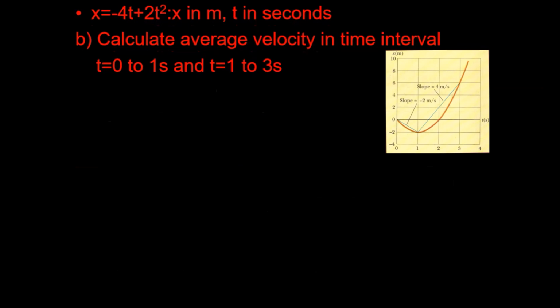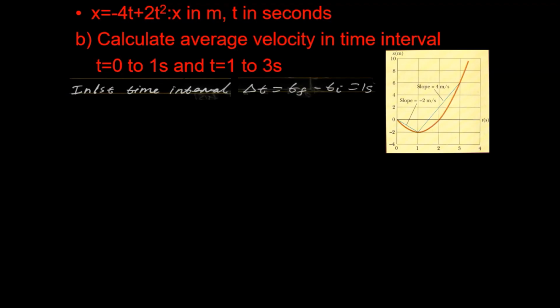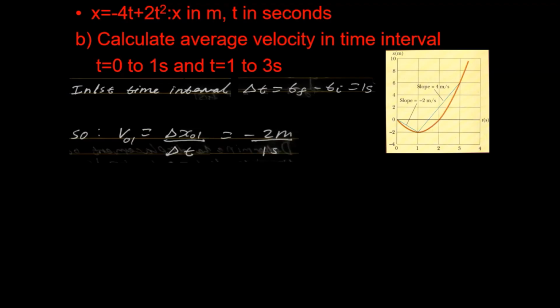Part B says find the average velocity from 0 to 1 second and 1 to 3 seconds. Well, in the first time interval, we can say delta t is tf minus ti, which is 1 second. And we can say v is delta x by delta t. This is going to be minus 2 over 1.